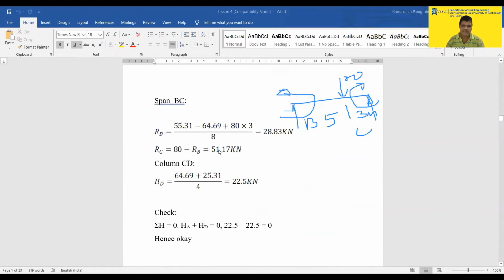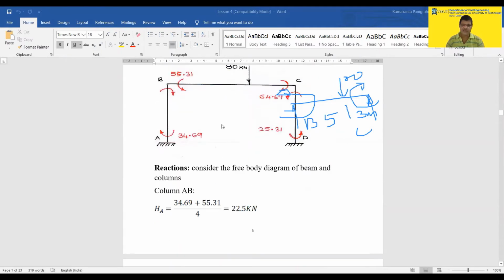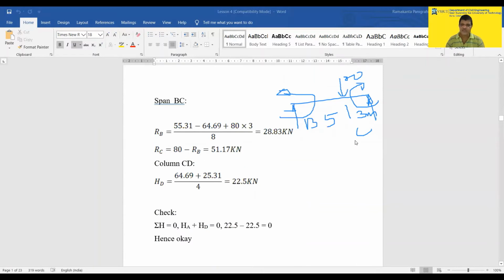Let's see how the reactions will come. Now this moment 55.31 is anti-clockwise, 64.69 is clockwise. If you take the moment about C, sigma MC is equal to 0, and this is RB.